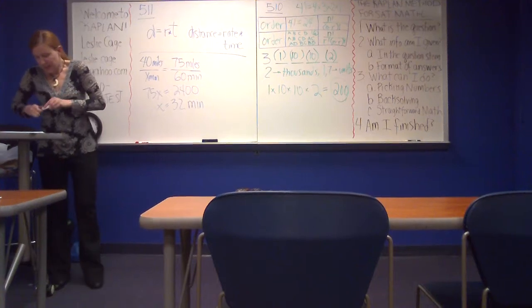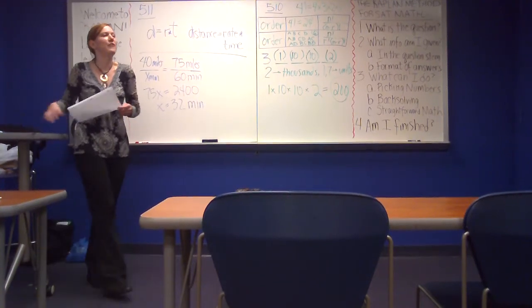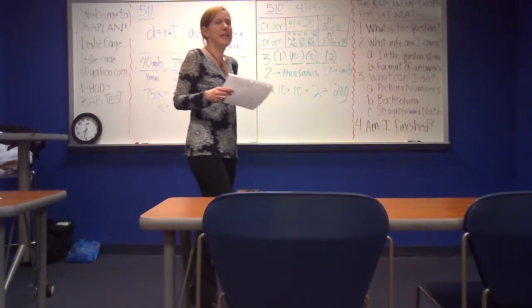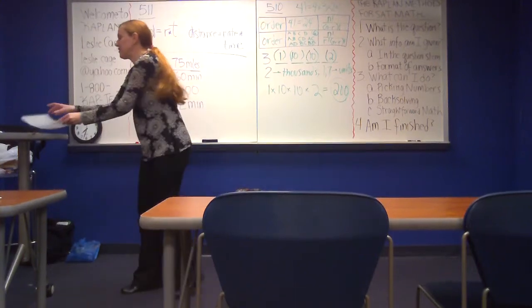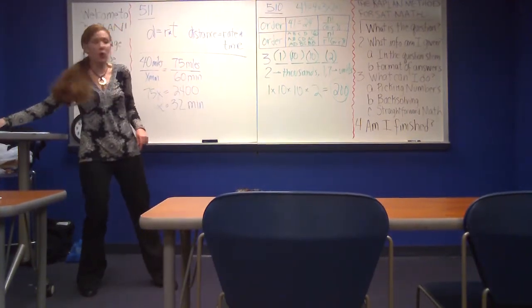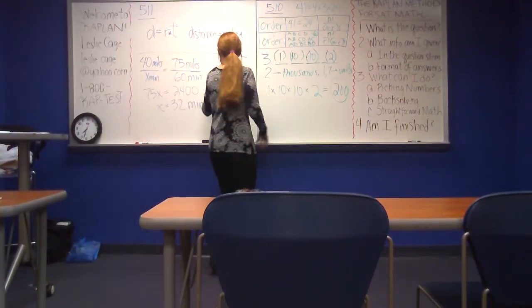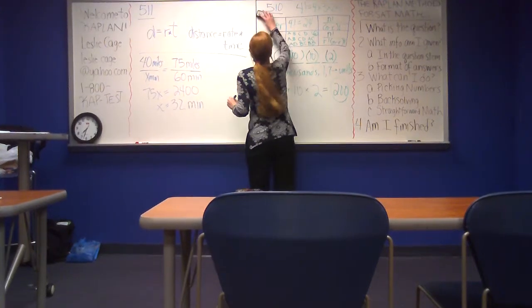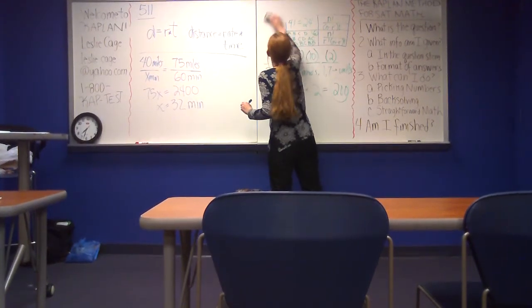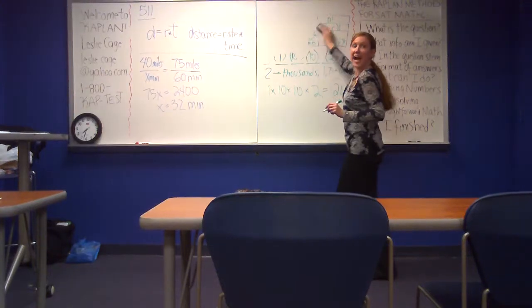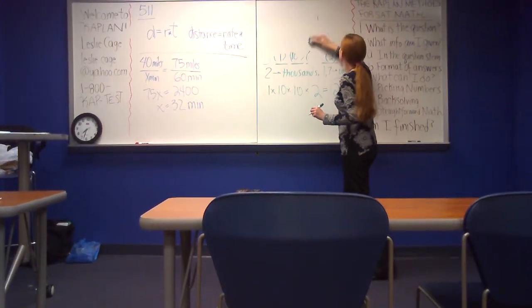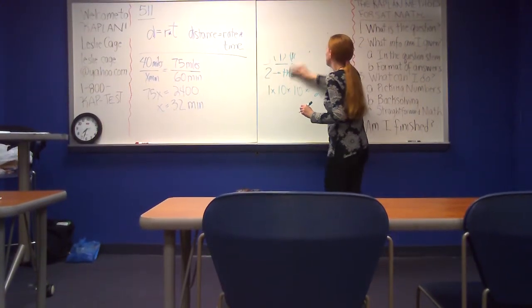Good. So, average speed. Average speed is found by the total distance divided by the total time. Remember, guys, you can't just average all the speeds, add them all up or whatever. It's total distance divided by total time.